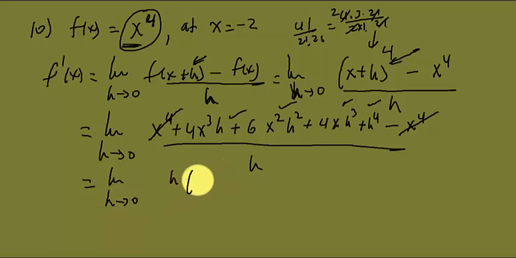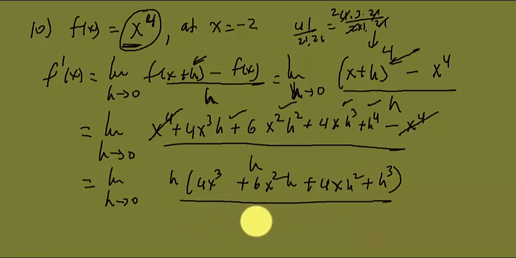So I have h times 4x to the third, plus 6x squared h, plus 4x h squared, plus h to the third, all that over h. Now I can reduce the h's. So h is gone.